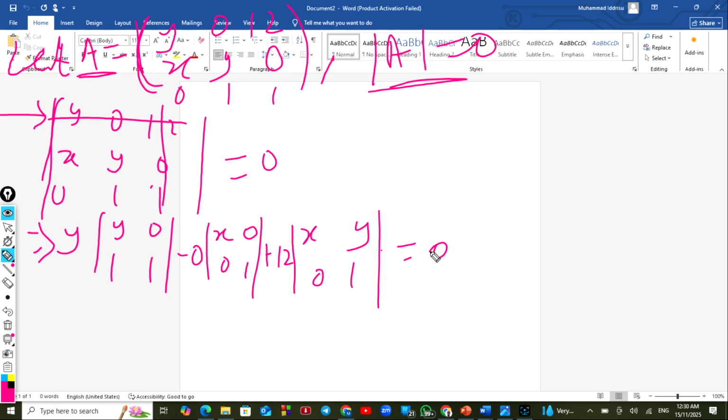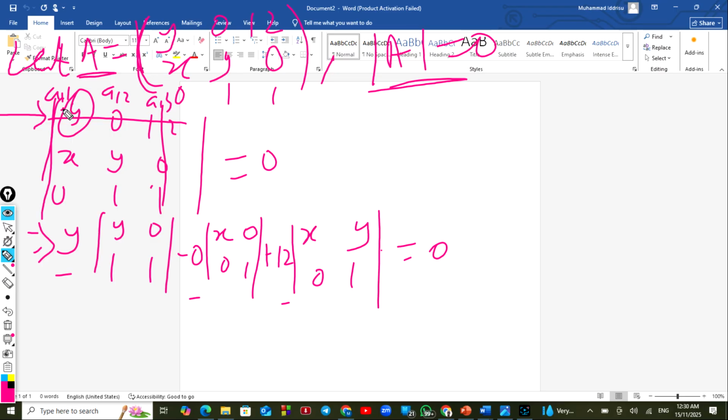So why do we have plus, minus, plus? This goes back to the cofactors of the matrix A. Let's use small a for the entries: a11, a12, a13.